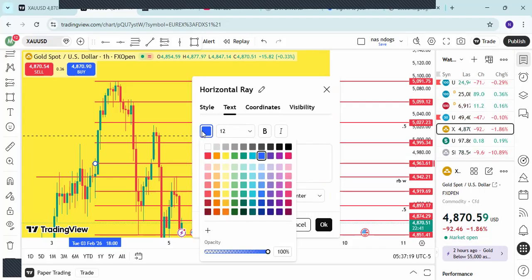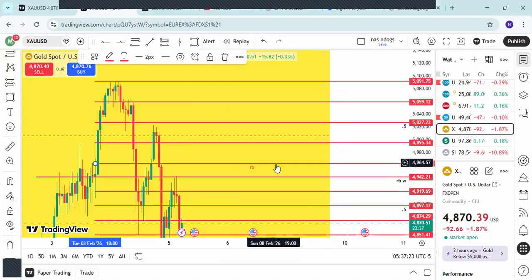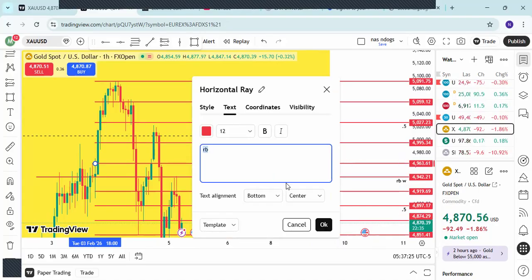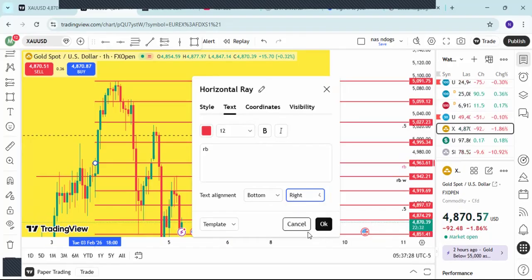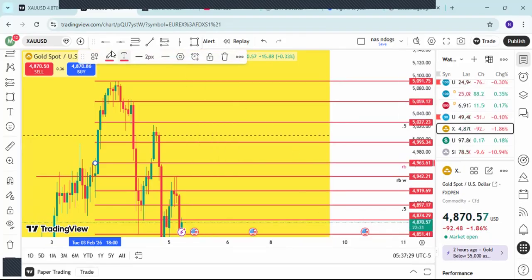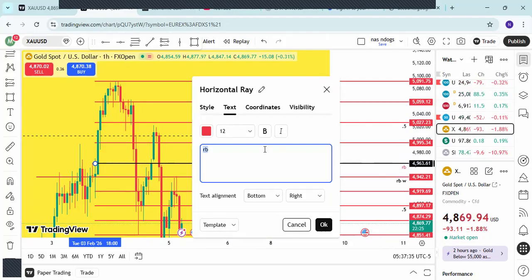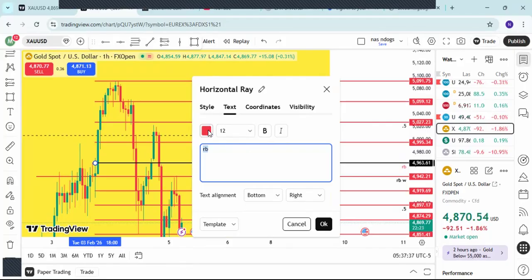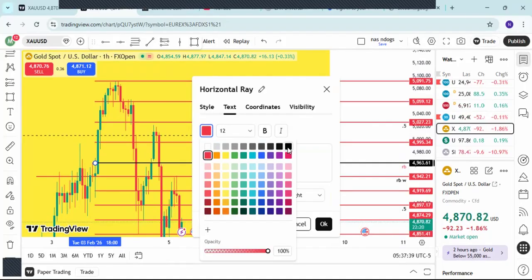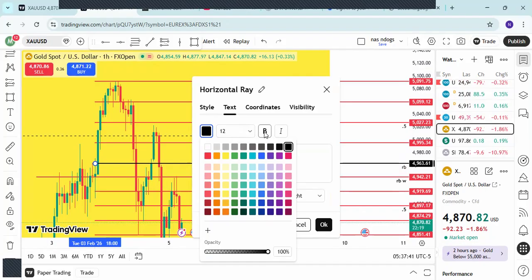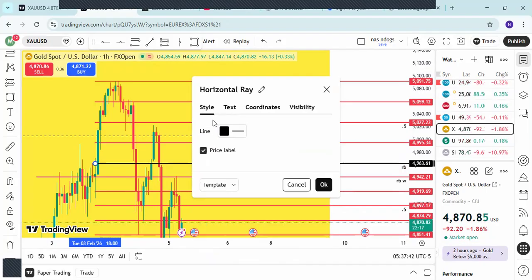It's an RB. Going to change this to black to there, and the style should remain red.